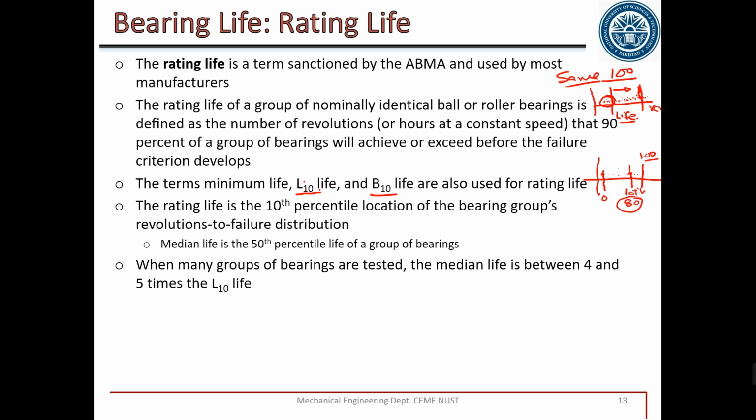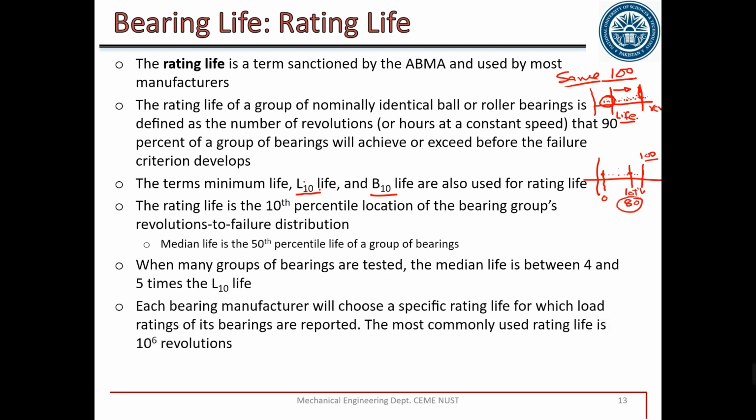It means that for a bearing, if you apply the least number of revolutions on the bearing, its life will be more. If you apply more load, its life will be less. Each bearing manufacturer will choose a specific rating life for which load revolution. Most of the time they take 10 power 6 revolutions as a bearing life, and according to this life they design the bearing. For example, they apply stresses up to 10 power 6 revolutions on this bearing and check whether the bearing has failed or not.